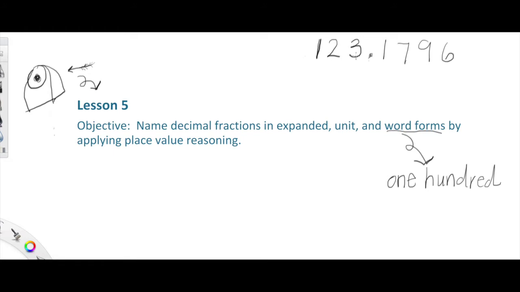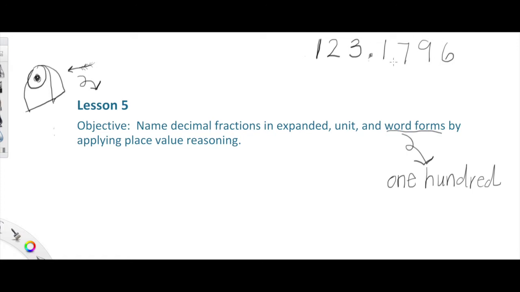This would be 123, and you can say this in a few different ways. You can say that we have 1 tenth, 7 hundredths, 9 thousandths, 6 ten-thousandths, or you could say 123 and 1,796 ten-thousandths.